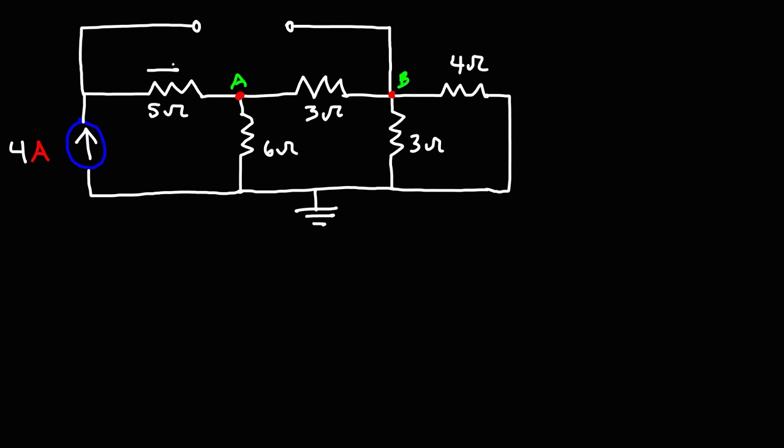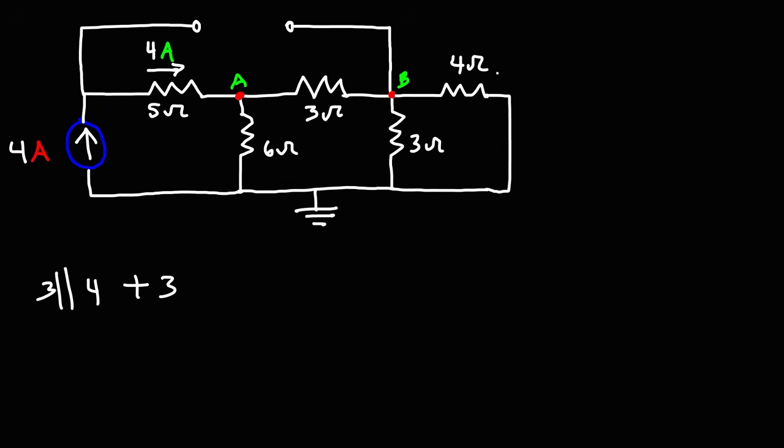So we know that we have 4 amps of current flowing through the 5 ohm resistor. Now, these two resistors are parallel to each other. And then those two resistors combined are in series with the 3 ohm resistor. And then this entire network, well, we'll leave it at that for now.